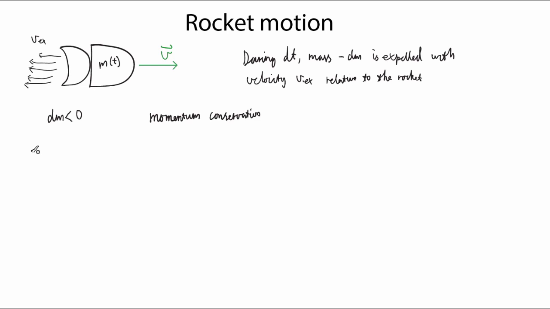So we're starting out at time t. We have the total momentum of the rocket at time t is the mass of the rocket times its velocity. Then at time t plus dt, things have changed a little bit.